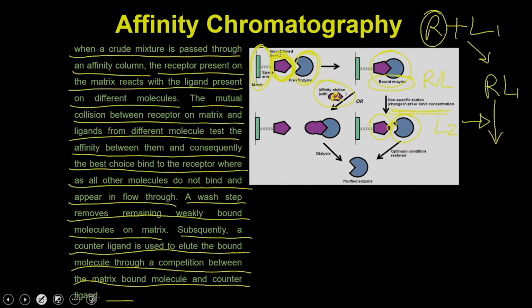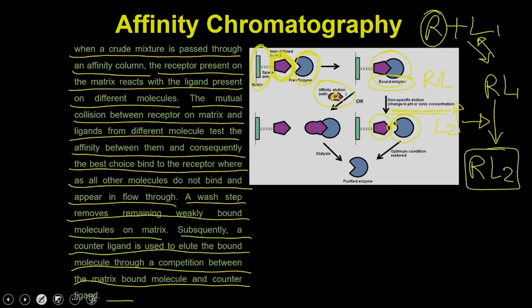In this case, as you might have seen, this is a reversible reaction. So RL1 is going to dissociate into R plus L1, and if you increase the concentration of L2, it will eventually form RL2 complexes.